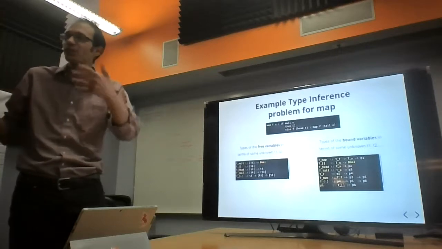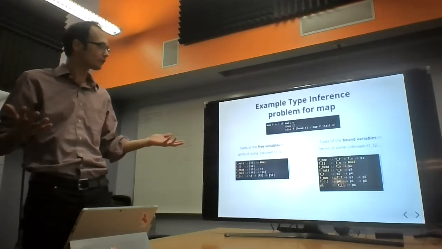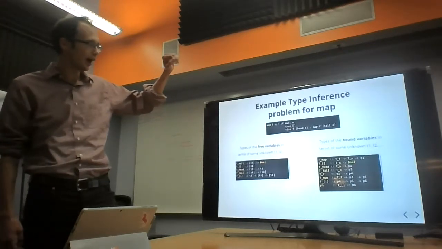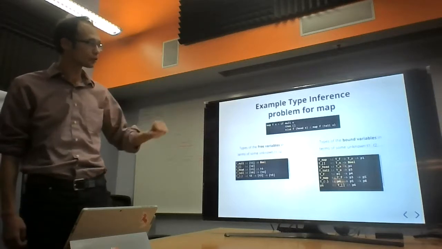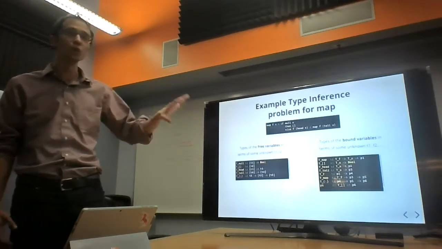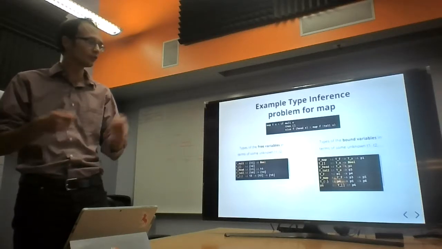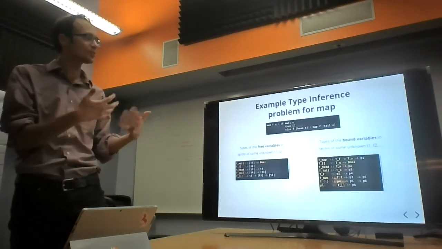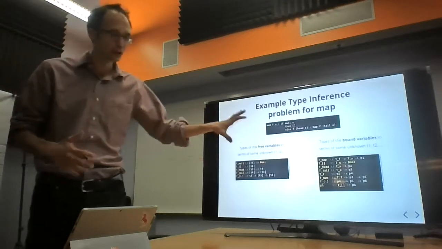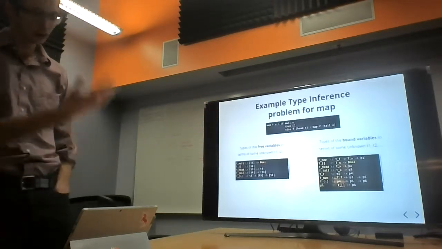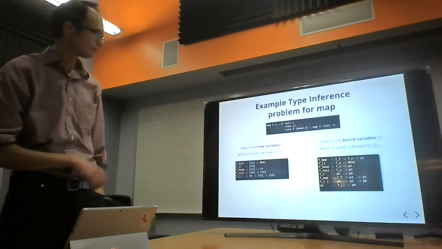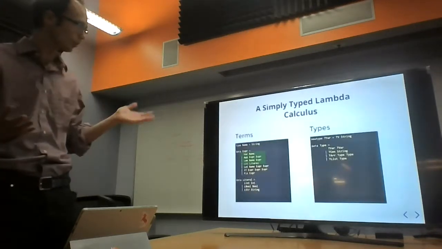And in some sense, that's really all type inference is about: taking a structured approach to writing down what you don't know about the types, and then solving a series of equations in a systematized way so that you can figure out the types of your unknown variables. Okay, so that's very high level.